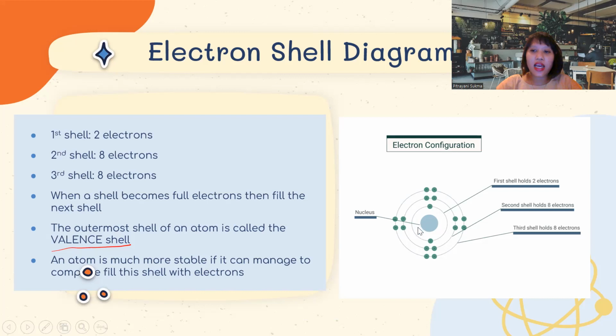If the electrons fill the shells according to the capacity of each shell, which is 2 for the first, 8 for the second, and 8 for the third, the atom becomes more stable. This is the purpose of the electron shell, and this is how an atom can become more stable by filling its electron shells.